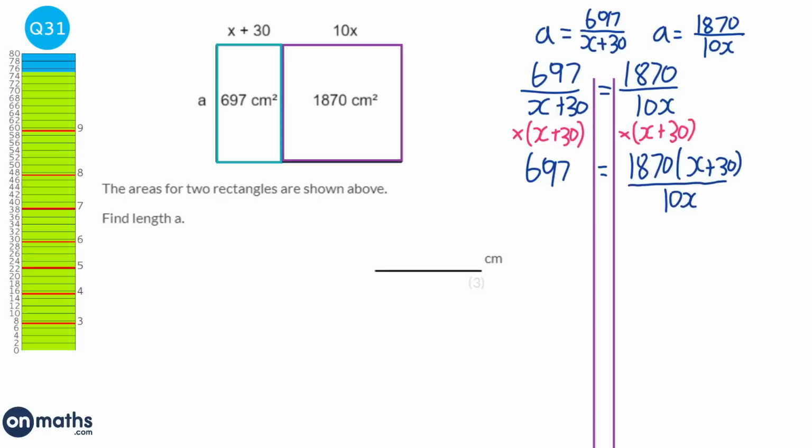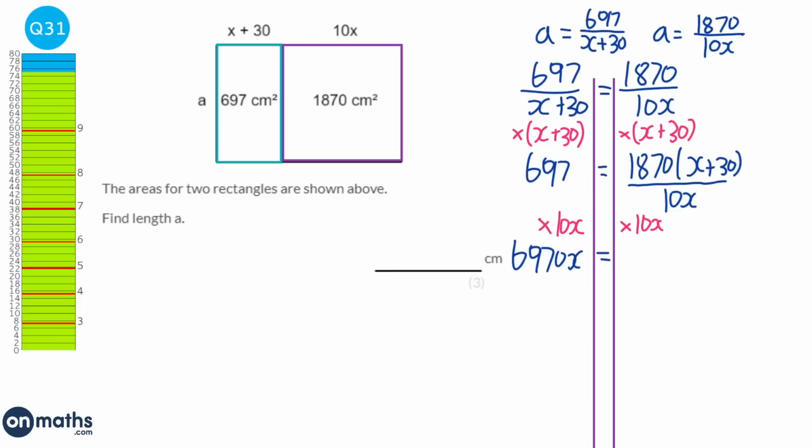Same thing again, but I'm going to get rid of the denominator on the right hand side, so I'm going to times both sides by 10x. So we've got 697 times 10, which would be 6,970x, because it's 10x. And it won't actually do anything to the right hand side, but I am going to expand the top, the numerator. It just gets rid of the denominator.